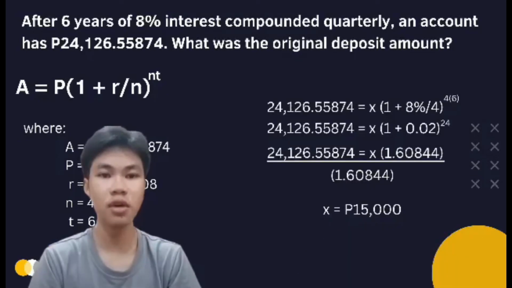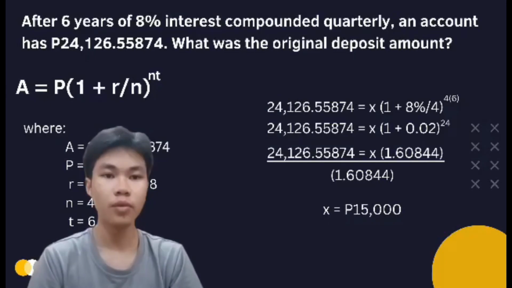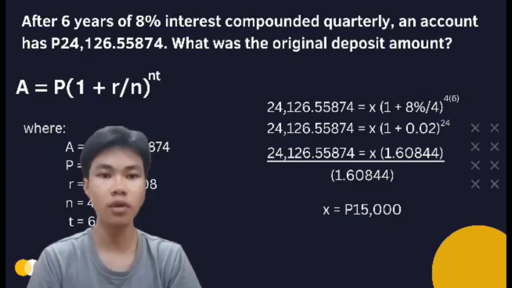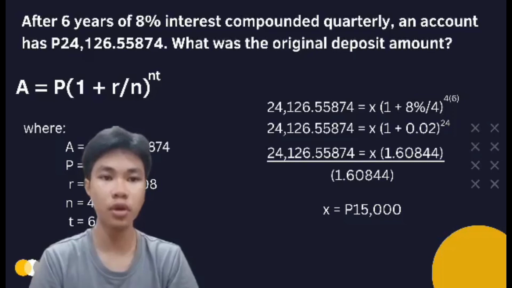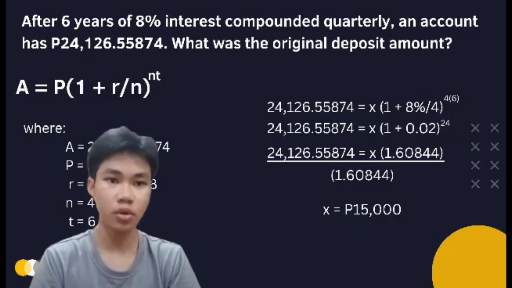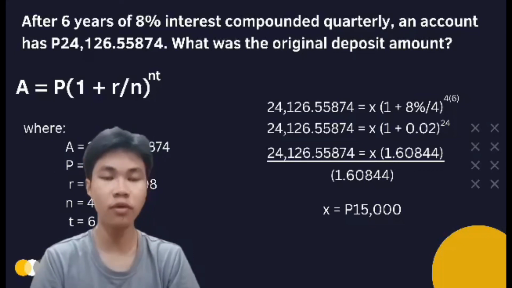So this is how we are going to get the answer. 24,126.55874 is equal to X times the quantity of 1 plus 8% over 4 raised to 4 times 6. 24,126.55874 is equal to X times the quantity of 1 plus 0.02 raised to 24. 24,126.55874 is equal to X times 1.60844.